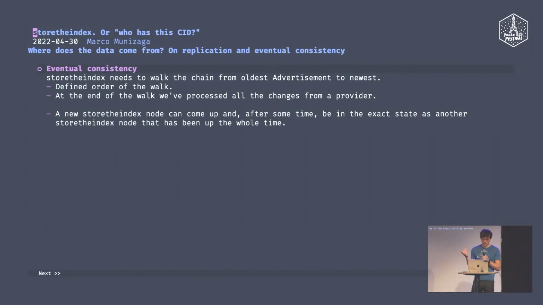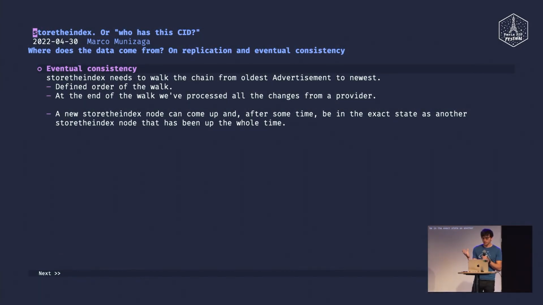Another property of this is that the indexers are eventually consistent. They'll never give you wrong data, flat out wrong, but they'll just give you old data when you query them.